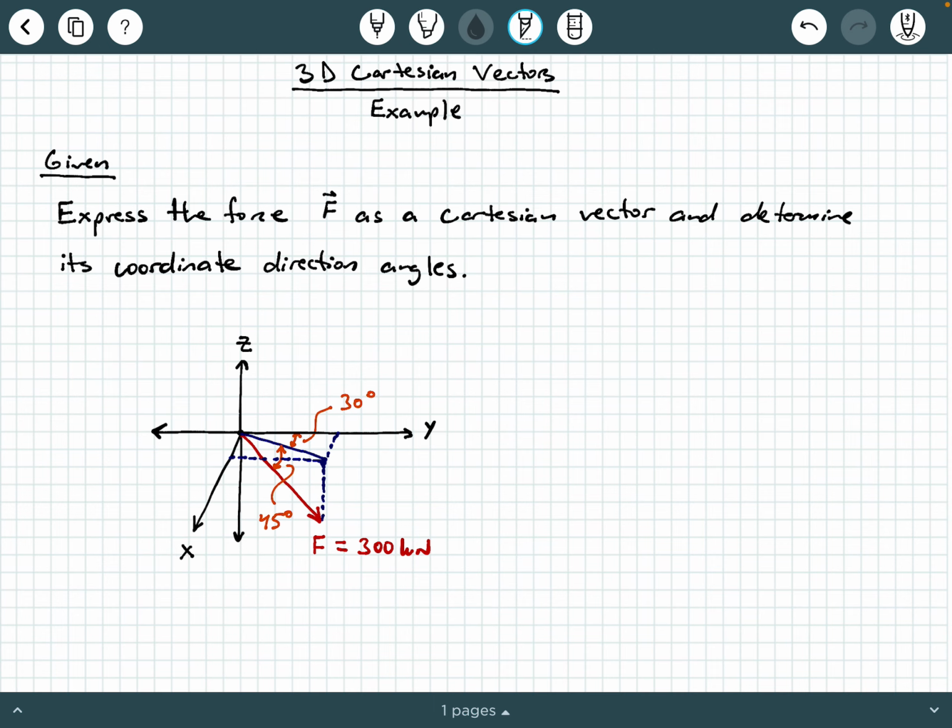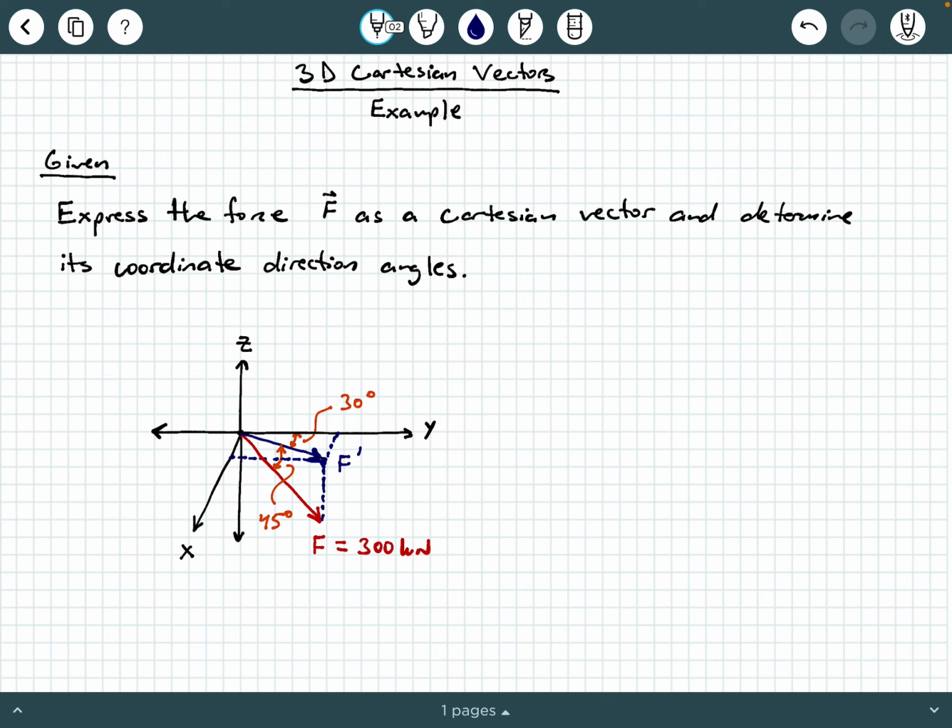Here's the first thing I'm going to do. This force vector F, which has a magnitude of 300 kilonewtons, is casting a shadow, or a projection, up to the xy plane, and this segment is its projection. I'm going to give that segment a little vector arrowhead and call it F prime.